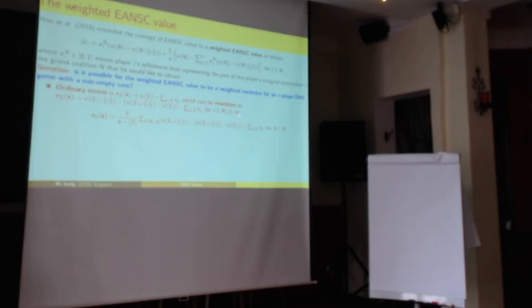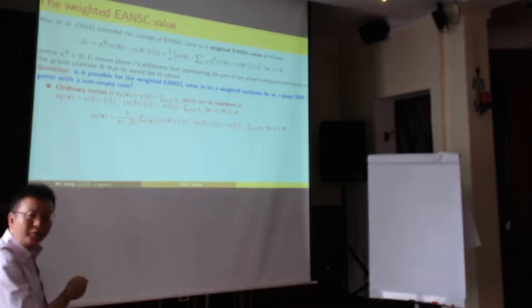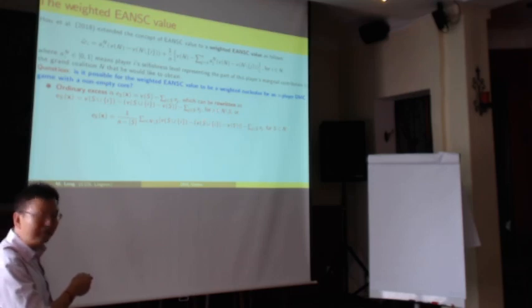Is that correct? Yes, it is correct. I will continue and rewrite this to this expression for any coalition. For any coalition, you can find this is the value for S union player I, so this is the marginal contribution of player I.